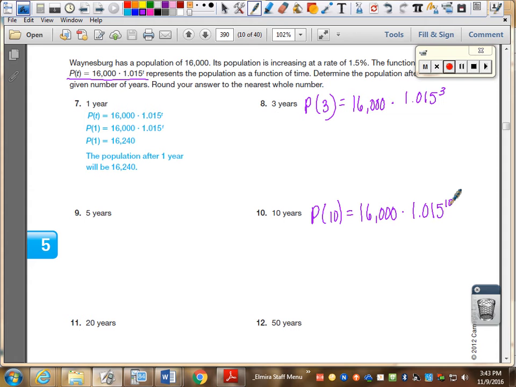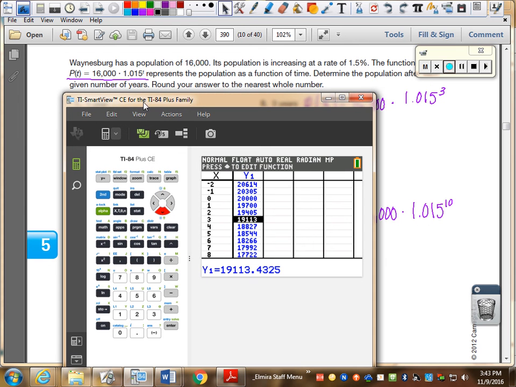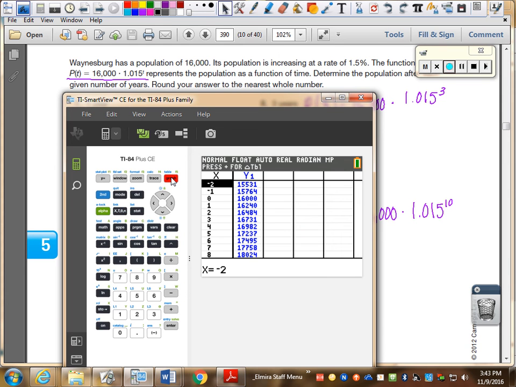Okay, then I'd get out your calculator, type in the function. $16,000 times 1.015 caret x, and look at your table and look for all the values that it wants.